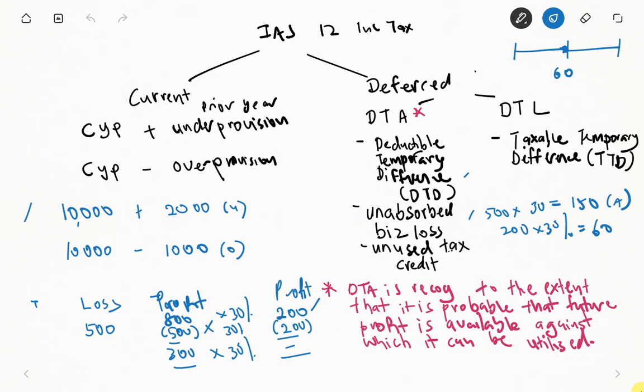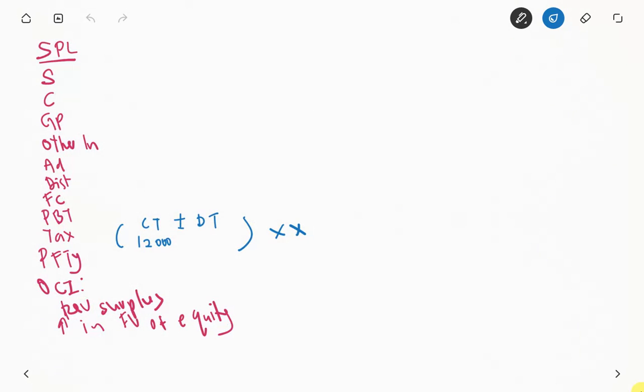Okay, so how do we recognize this in our T account? I'll show you the ledger, the deferred tax account.